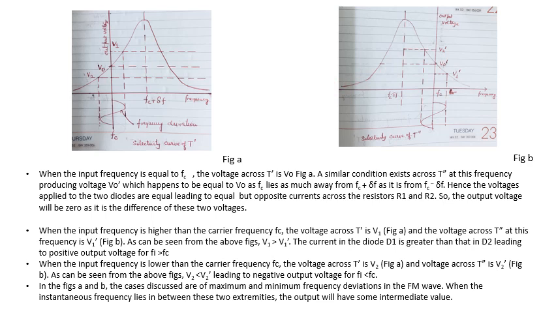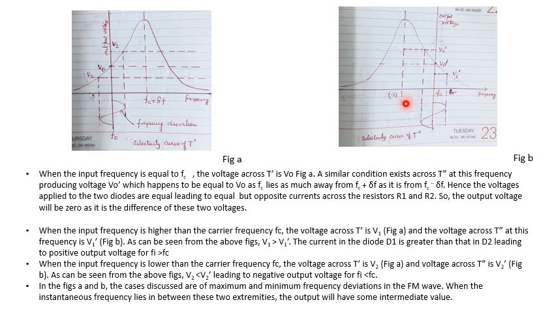Now we can easily understand that in this figure, Fc lies as much far away from the resonant frequency as Fc lies from the resonant frequency Fc minus delta F. That is, the separation between Fc and the resonant frequency in this figure is equal to the gap between Fc minus delta F and Fc in this figure.